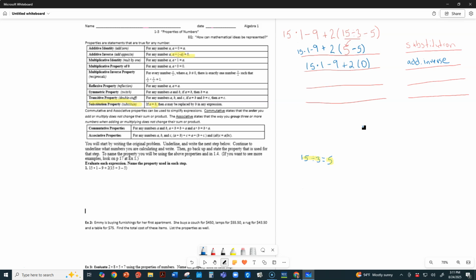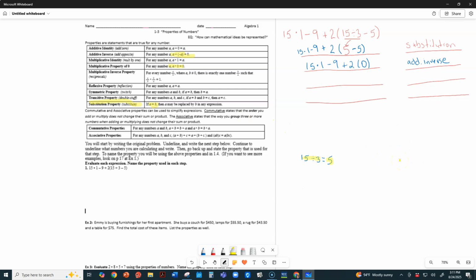That is the special property that says when you add a number to its opposite, you're always going to get 0. Now we're going to multiply by 0. Multiplying by 0 also has its own property. Here's multiplying by 0. We know when we multiply by 0, we're going to get 0 for an answer.